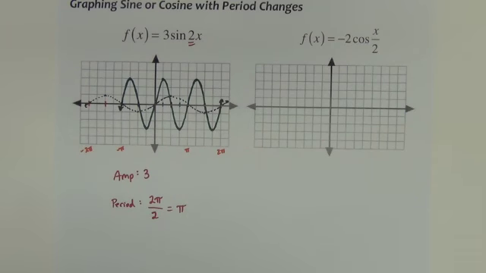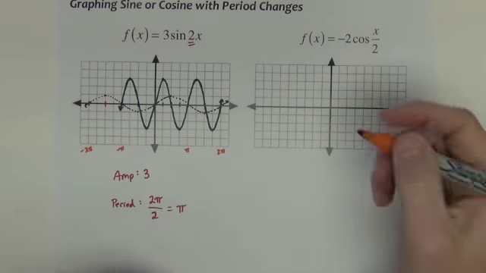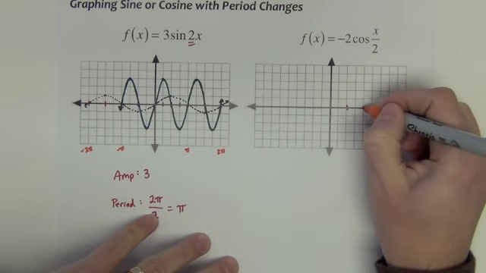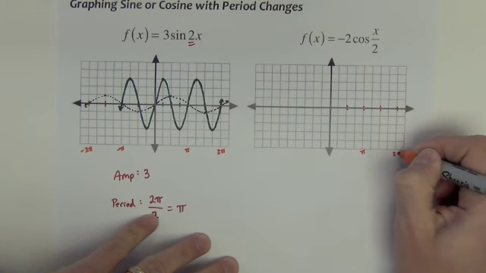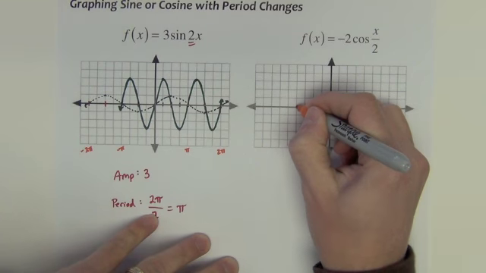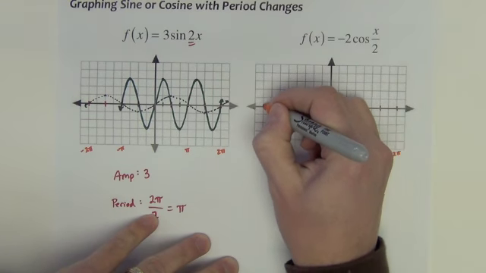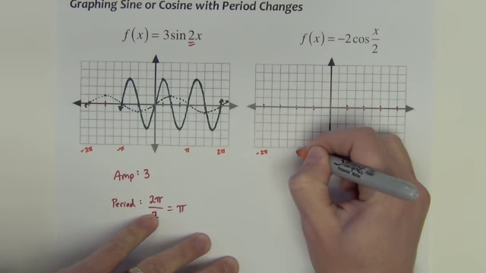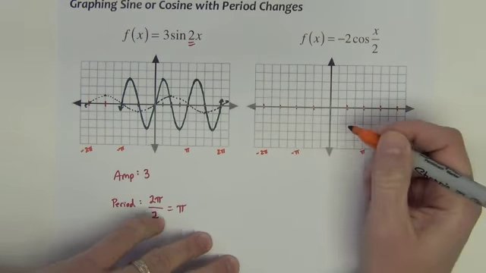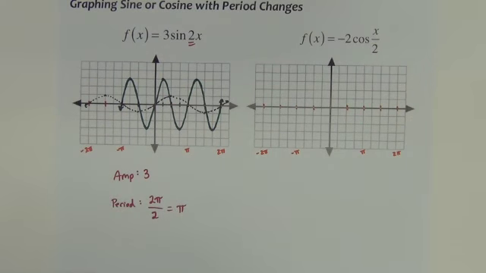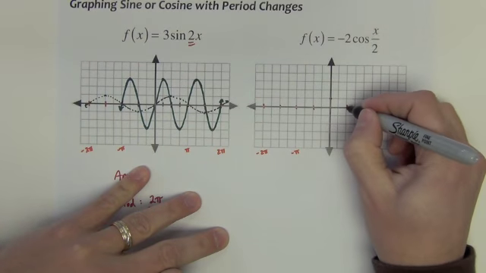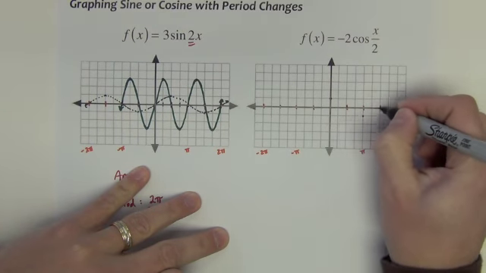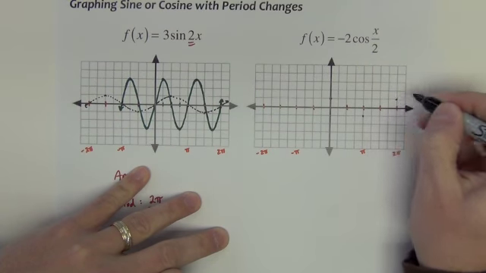Again, I'm going to do the same thing. I'm going to mark up my axis the same. So there's pi over 2, there's pi, 3 pi over 2, there's 2 pi. Same thing this way. And I'm going to go ahead and put on here just the original cosine x. Starts up 1 off the origin, comes down to 0, down 1, back up to 0, and up 1.